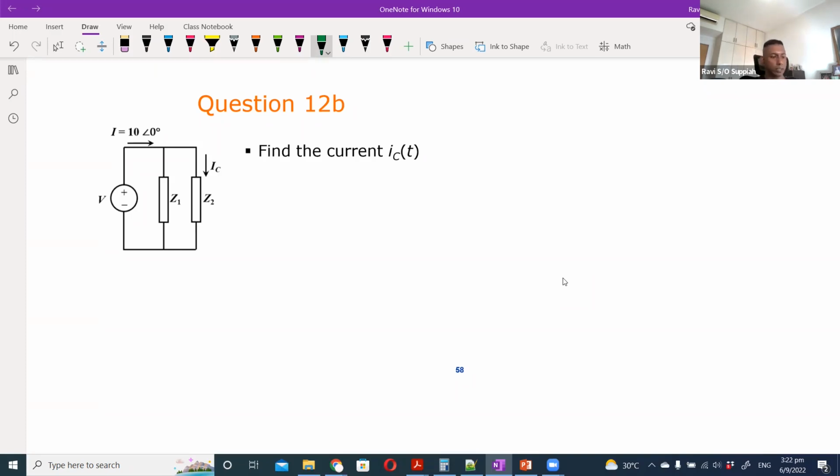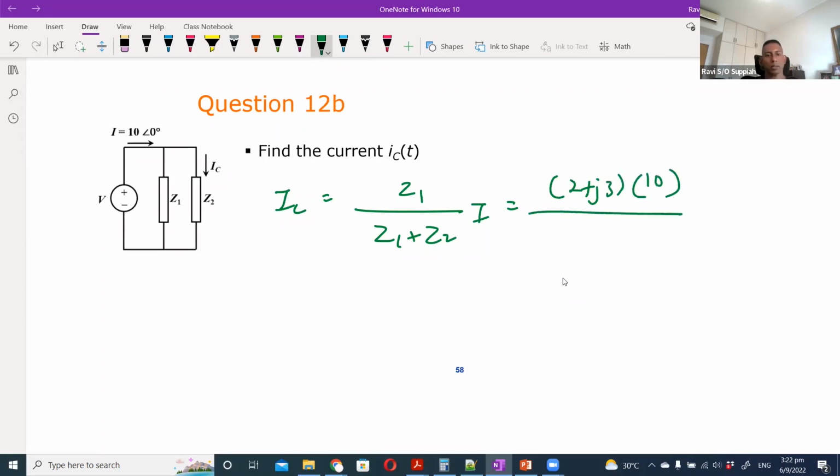If you use the current divider rule, then you will say Z1 over Z1 plus Z2 multiplied by I, which will be (2 plus j3) multiplied by 10 over (2 plus j3 plus 3 minus j3), multiplied by I. I is 10, so that will give me 7.2.